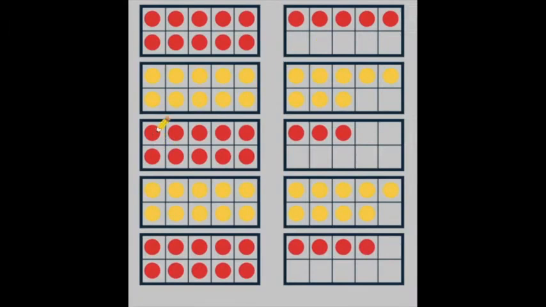Now let's look right here at number 3. Should make it a little easier. We have 10, 3. What number is that? 10, 3 is 13.